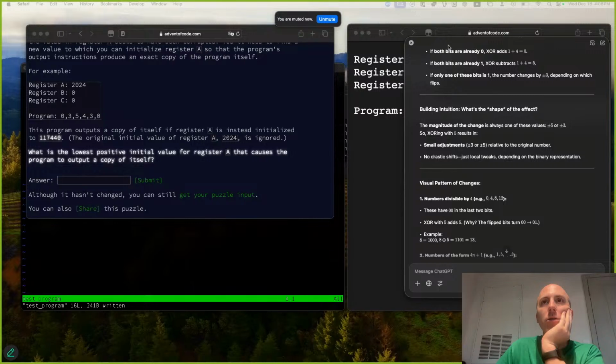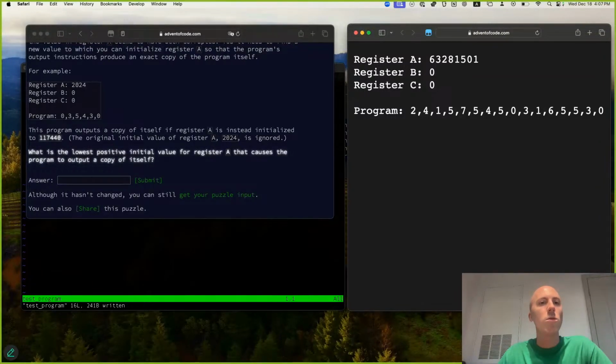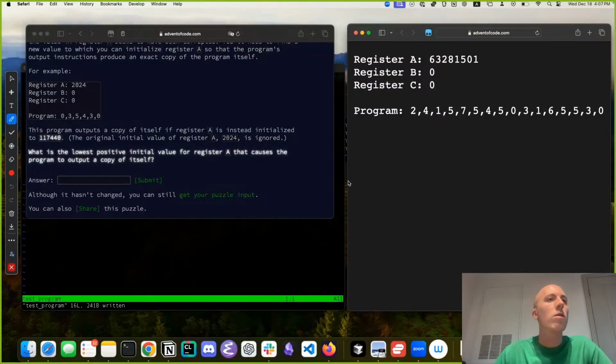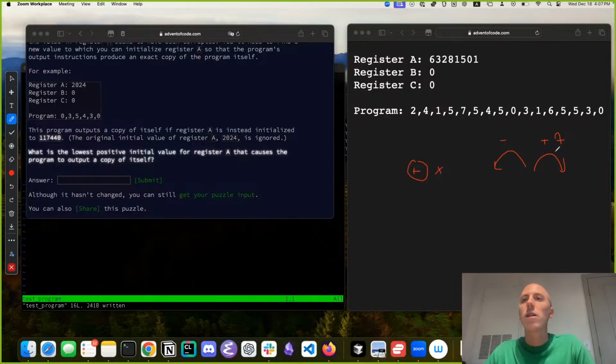So that's pretty interesting with XORing something. We're XORing something by X. Just to get a shape for it, you could either add X or you could subtract X, and it really just depends on the value that you're XORing.